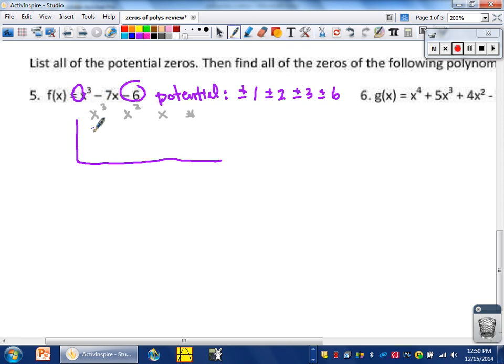Okay, so x cubed has a coefficient of 1. There is no x squared term, so that's a 0, minus a 7, and a minus 6. Remember to account for the missing variables. There's no x squared in this problem, so you have to put in a 0.